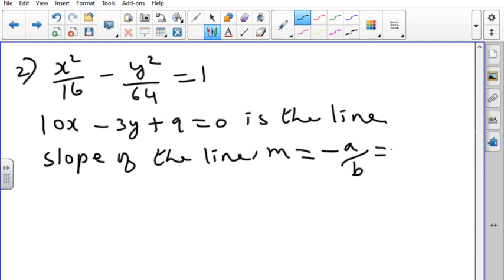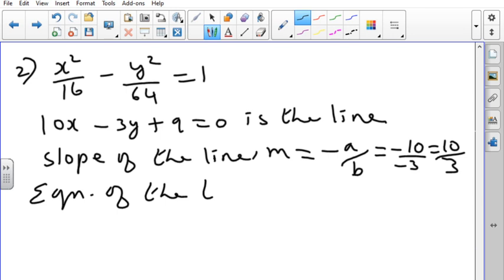So it is equal to minus 10 by minus 3, which is equal to 10 by 3. So this is the slope. Now it is given parallel, so the slope remains the same. So what about the equation of the tangent now? The equation of the tangent is, here it is a hyperbola.